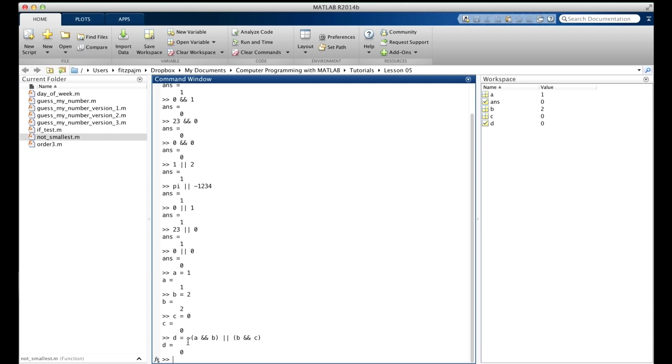Then when the NOT operator is applied to that true, it's changed to false. The operation B and C is false too because C is false, as we can see here. So the OR operator here is given 2 operands that are false, false, and false. So it gives false in the form of the number 0. That value of 0 is then assigned to D.